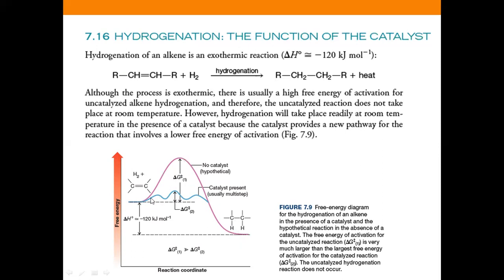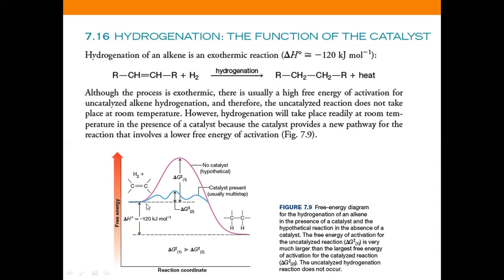It's hard to proceed because there is a lot of energy to climb to reach the transition state to form your product. So the delta G here is very, very large.